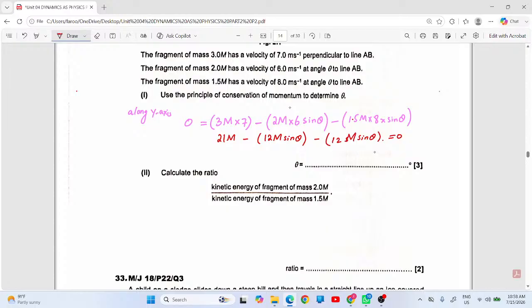Next, this is also 12 m, and minus minus becomes plus, so 12 plus 12 becomes 24 m sin theta equals 0. Now we shift them to the other side: 21 and 24 m sin theta.